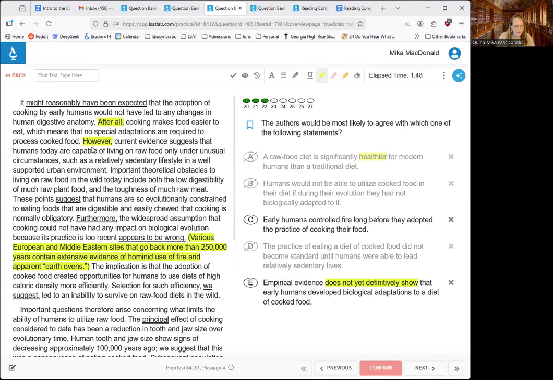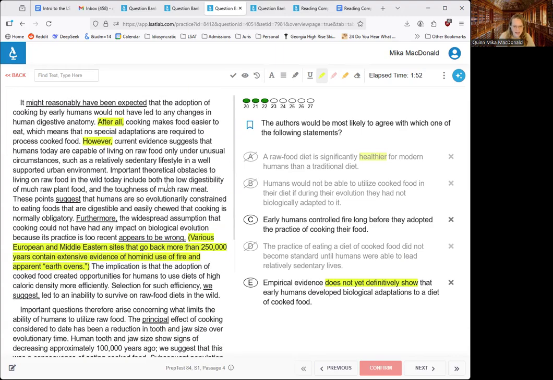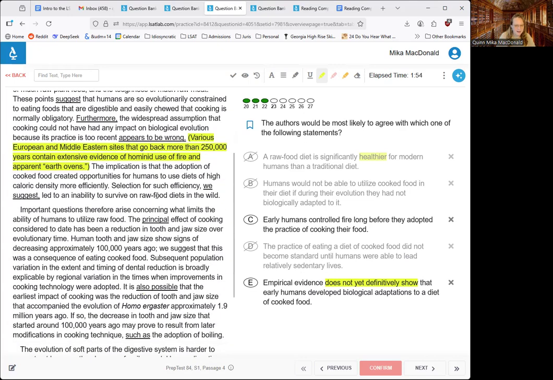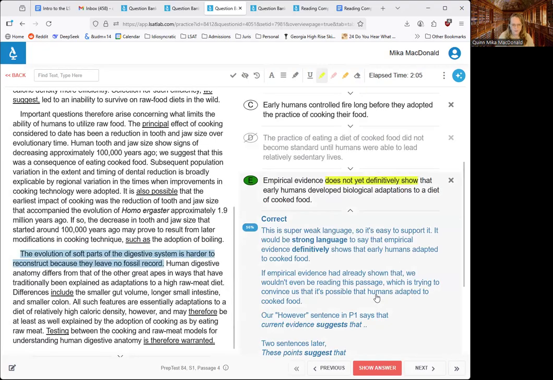They are a really genuinely academic author. They are not committing to anything. They are just trying to make an argument by pointing out what we already know. E feels perfect, does not yet definitively show. And for those of you that have worked on inference questions in LR, this should be a familiar feeling, right? We want to match the intensity of the original prompt.